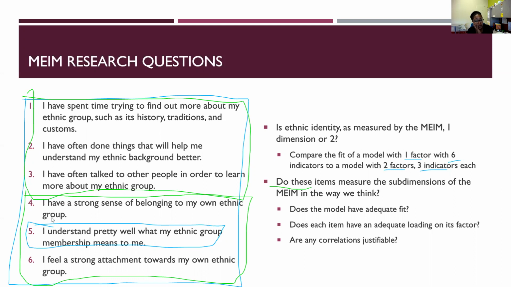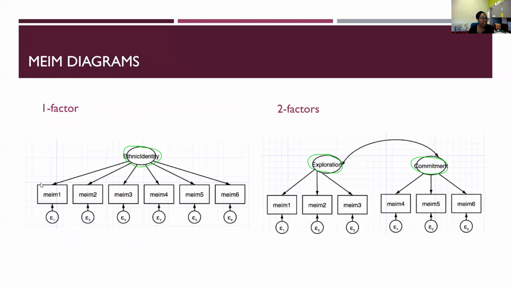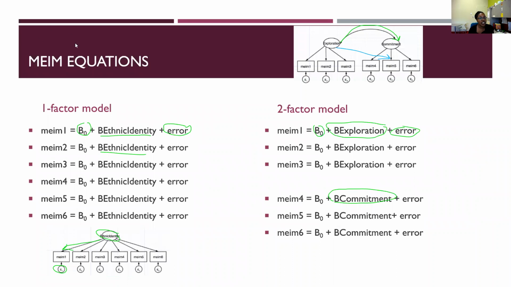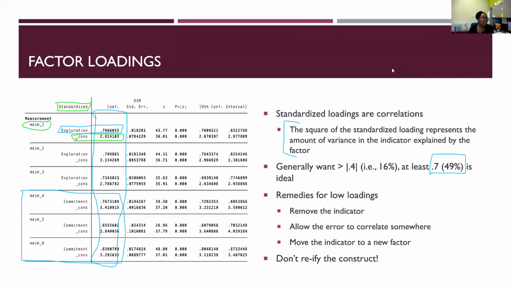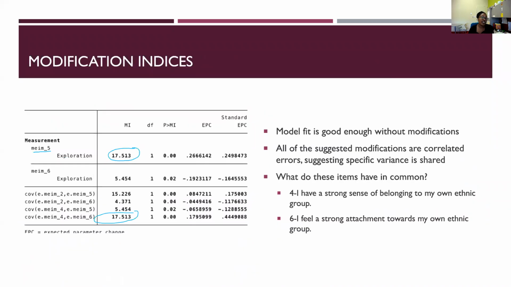Maybe that's an outcome of exploration in the way that commitment is an outcome of exploration, but it's not necessarily the same thing as exploration. So this is a case where the modification index is saying, hey, do you want to do this? And you would say, no, I don't want to do that because that's not theoretically supported.